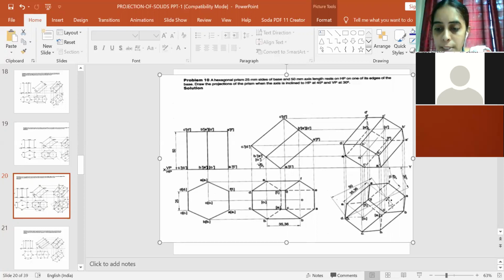Leave some distance and fix the point O. Then measure the true length, 50 mm, using the compass. Keep one end of the compass at O, measure exactly 50 mm and cut an arc on the 30-degree line. Now you got the true length from O to O1.